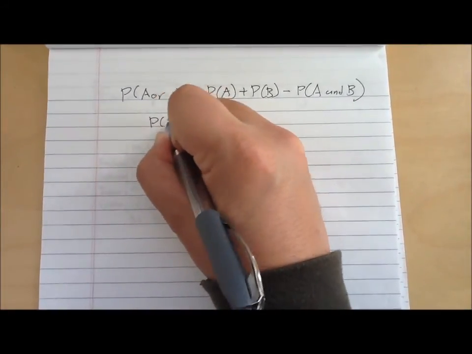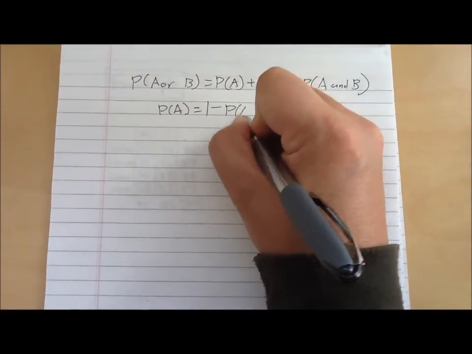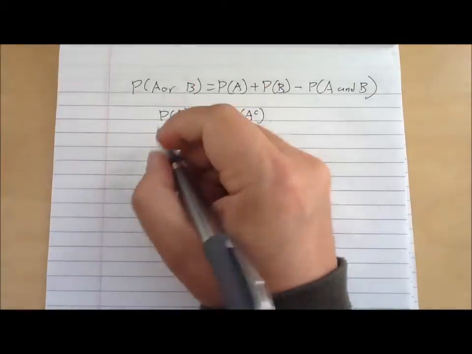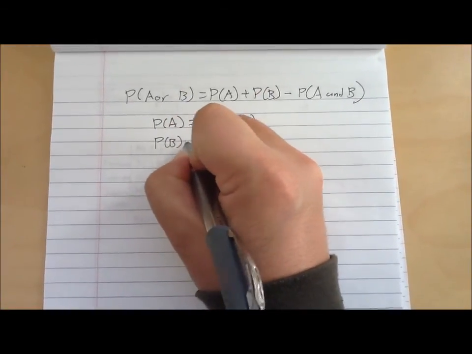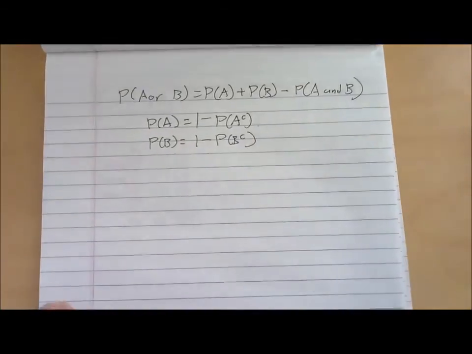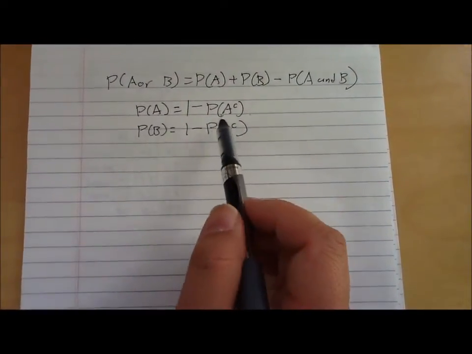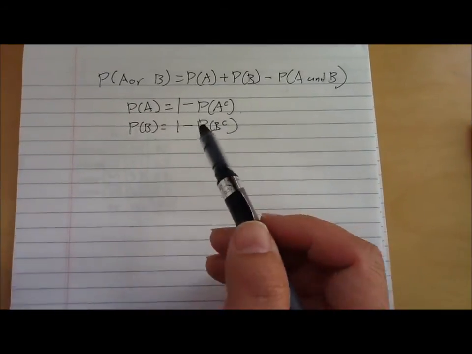In other words, P of A equals 1 minus P of A complement. Or in this case, since you're talking about B as well, P of B equals 1 minus P of B complement. These are the rules that always work. And so you could look at A and the complement of A, or B and the complement of B.